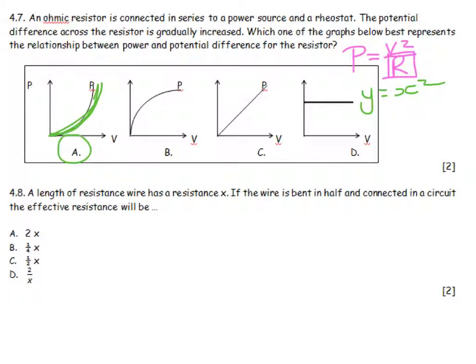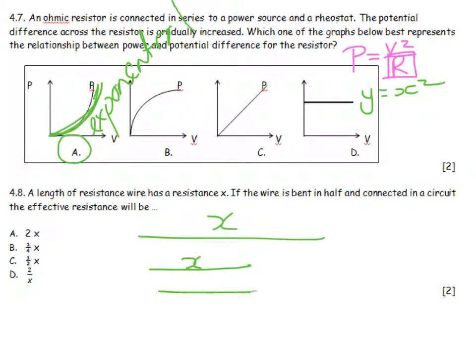That is an exponential relationship. A length of resistance wire has a resistance of X. If the wire is bent in half, so it was X altogether, now I bend it in half, it is half of X and half of X. So those are twisted together and connected to the circuit.